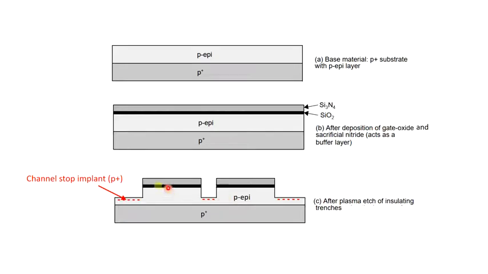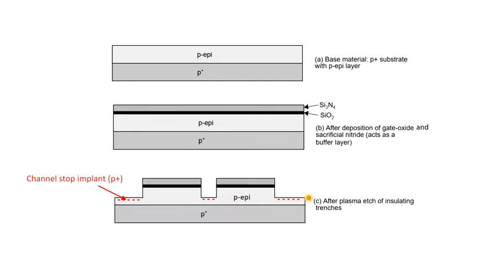So we have isolated our adjacent devices, right? But notice that this structure is non-planar. We prefer a planar structure, that is, the surface should be plane, because that will help us lay down our metal lines. There will be so many metal lines, right?